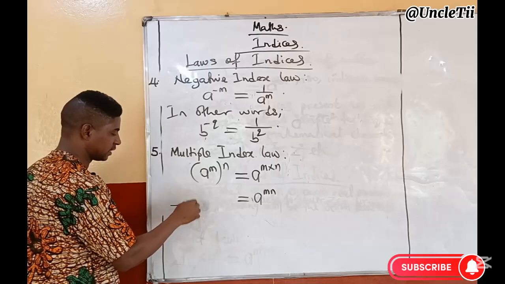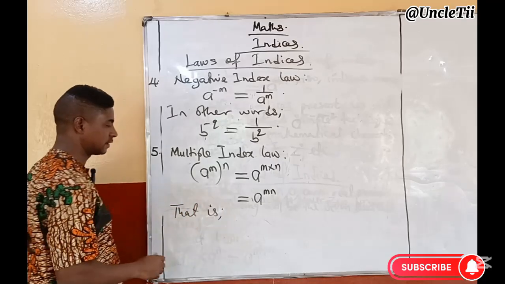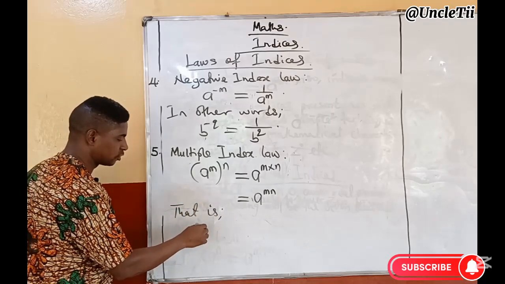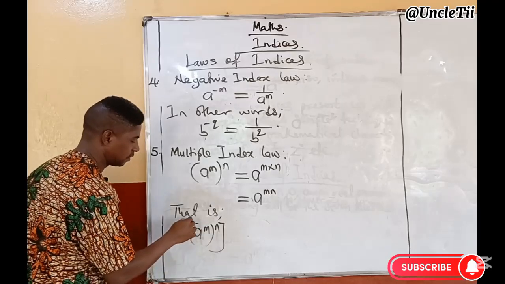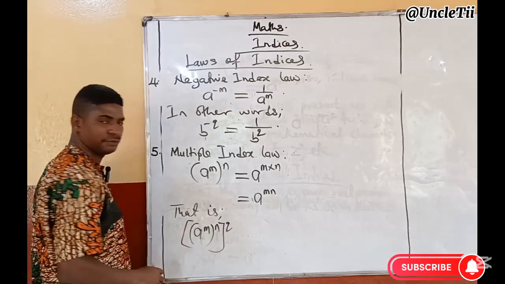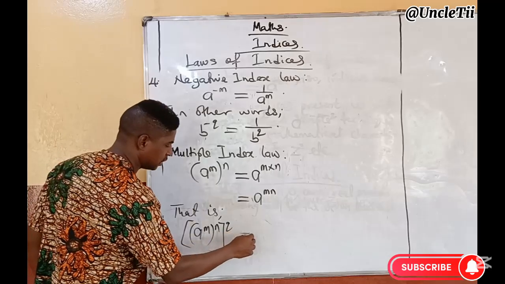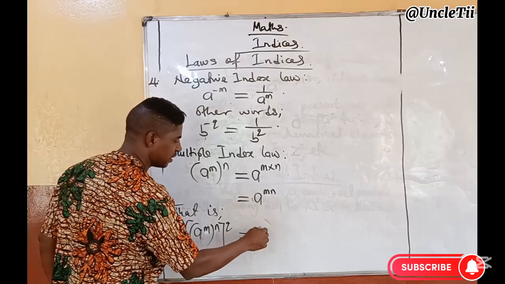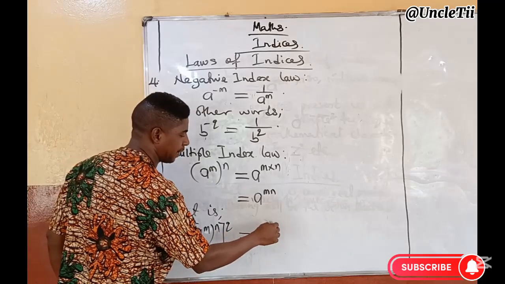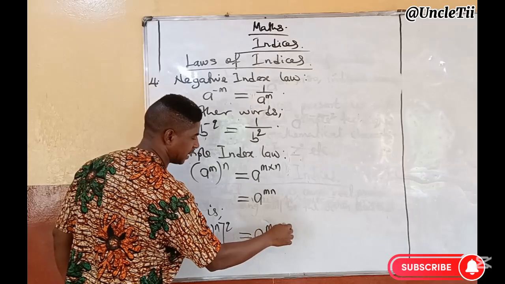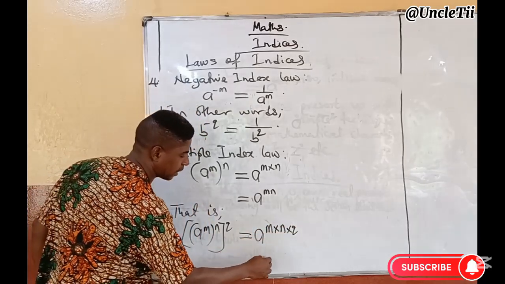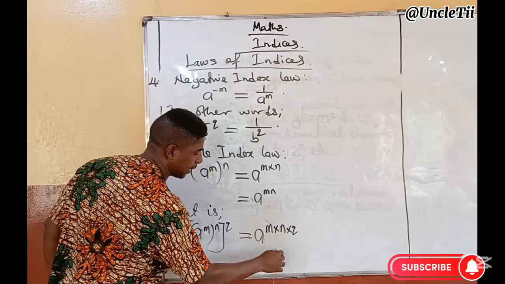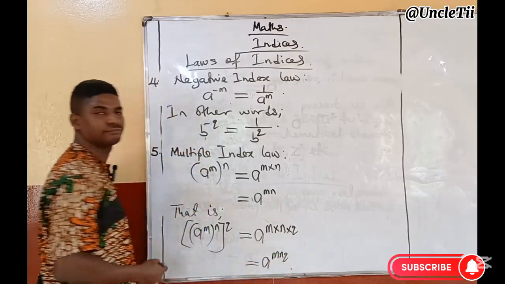Let's further expand it. That is, if I have a raised to power m raised to power n raised to power q, this will give me a raised to power m times n times q, and my answer will be a raised to power mnq.